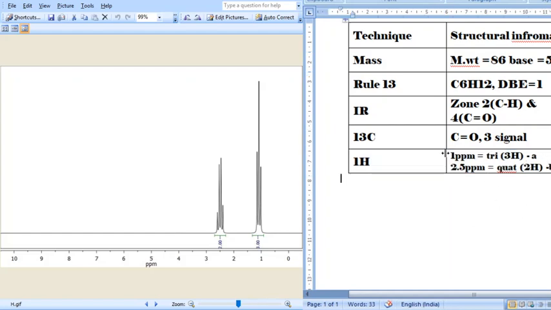We shall consider the 1 ppm signal as A protons, and the 2.5 ppm signal as B protons, the B set of protons. Therefore the A set of protons should be away from the carbonyl, and the B set of protons should be connected to the carbonyl, and it should have a molecular formula of at least 6.